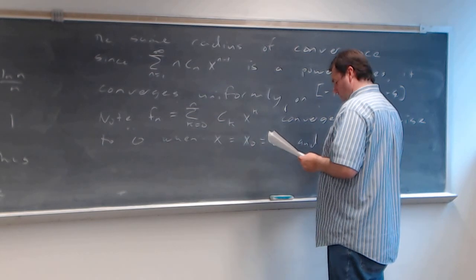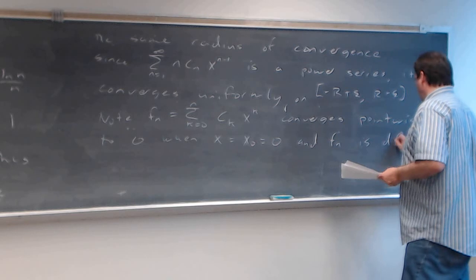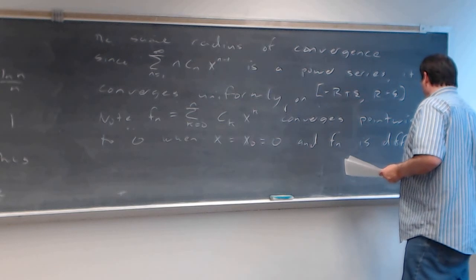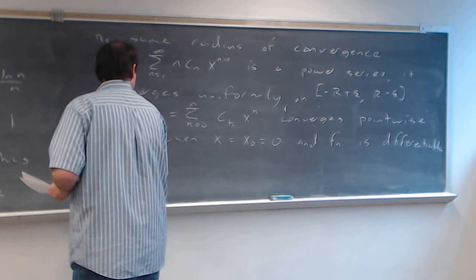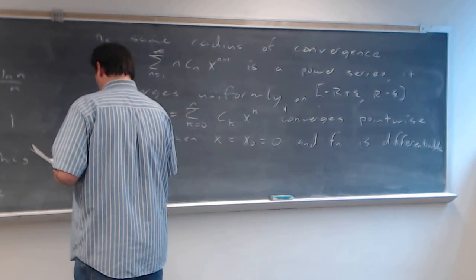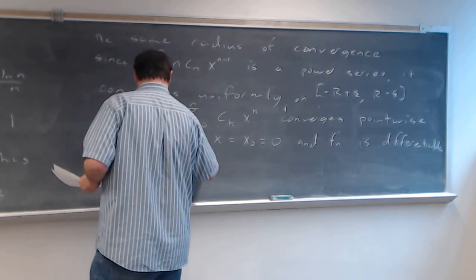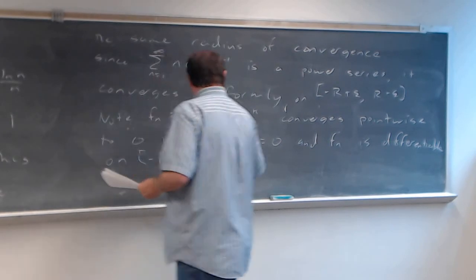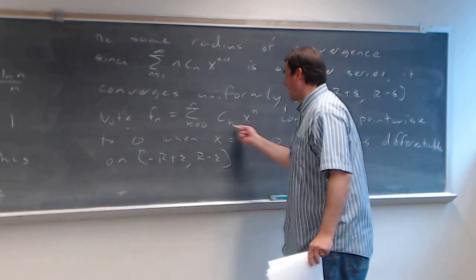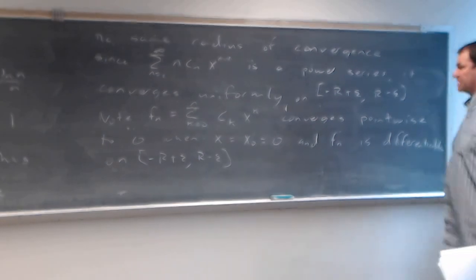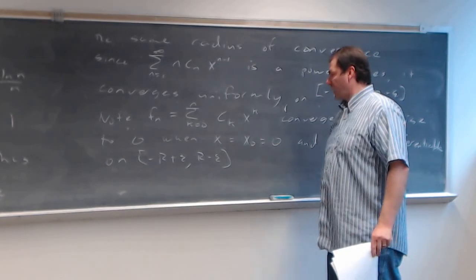And f sub n is differentiable on minus r plus epsilon to r minus epsilon. This is true because this is a finite sum here, so each one of them is differentiable. Just apply the sum rule and the power rule here.